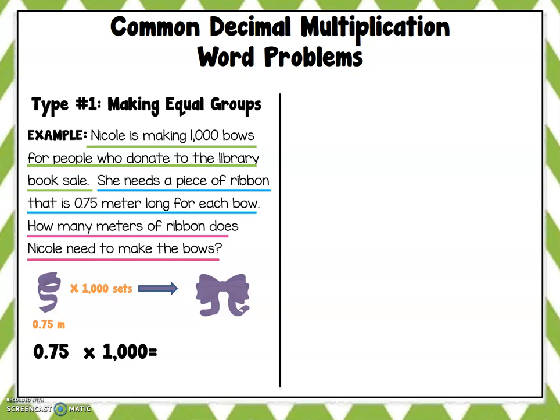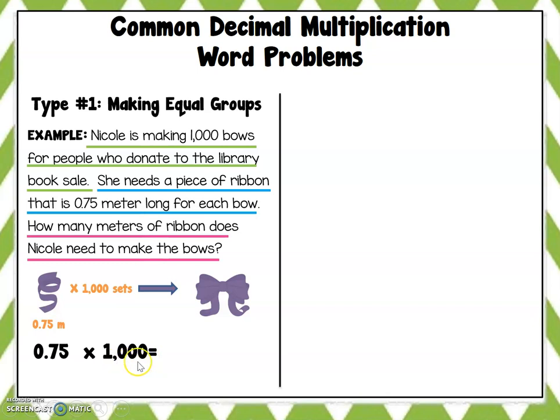Now you could use the area model or the traditional method if you wanted, but you might have also recognized that this particular example uses a power of 10. Since I recognize that it's a power of 10, I'm going to use that approved shortcut where I shift the decimal point based on the number of zeros or the number of places in my power of 10.